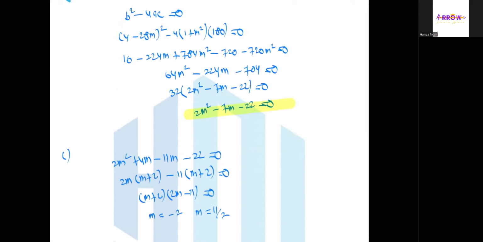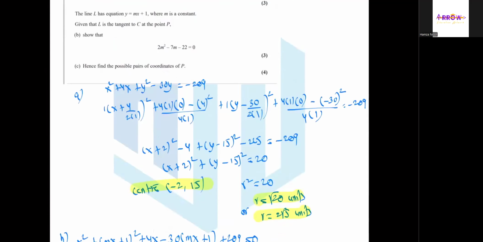Since we know that b square minus 4ac is equal to 0, this means we are going to get repeated roots in both cases, because the line L will just touch the circle at a particular point. That point is basically P, and we need to find two possible pairs of point P. Due to this reason, we have this requirement: hence, find the possible pairs of coordinates of P.